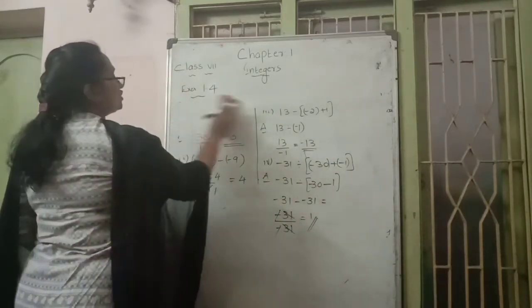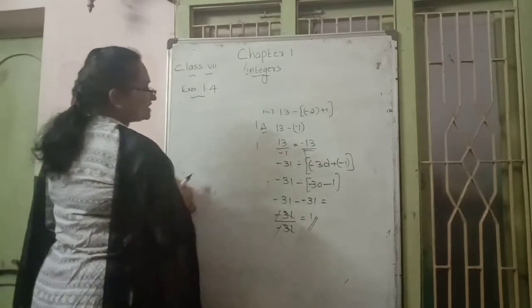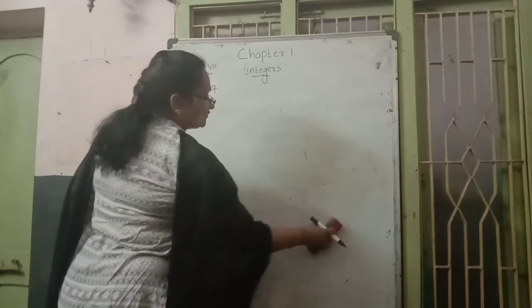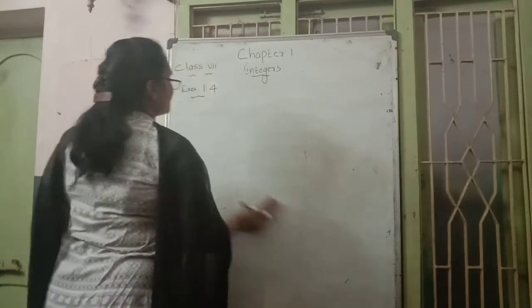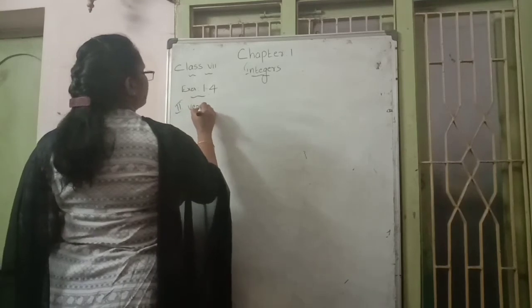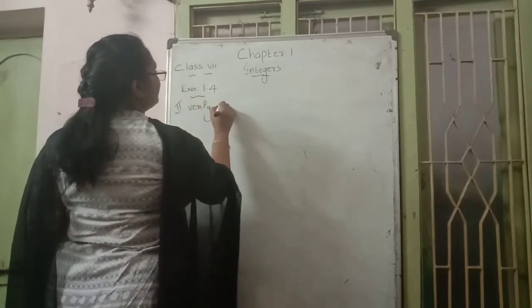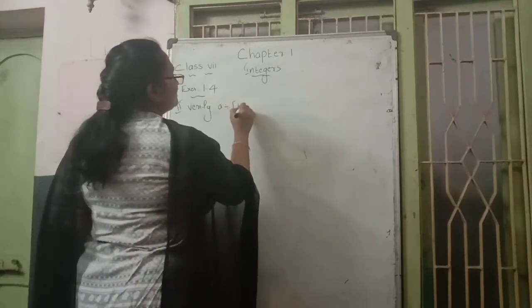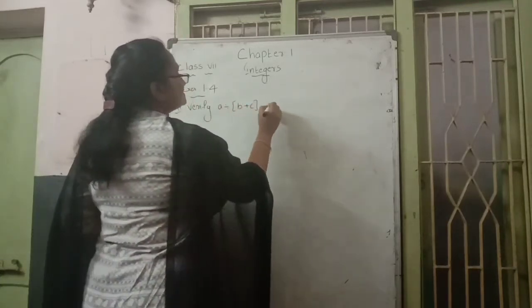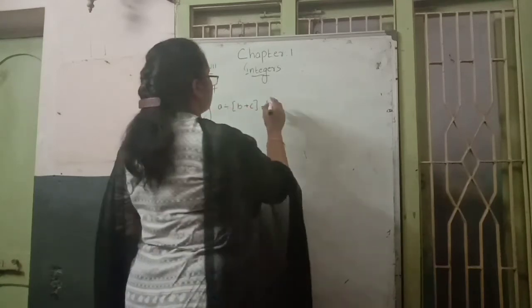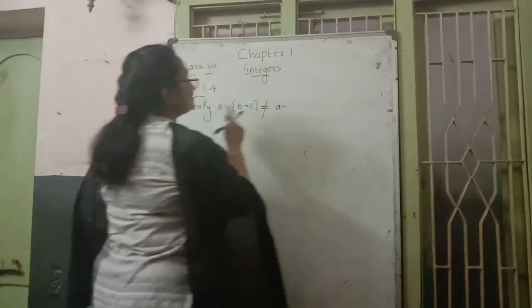Then next we go to Roman two. In Roman two, they tell us to verify. Verify the expression: A divided by the bracket of B plus C is not equal to A divided by B plus A divided by C, applying the distributive property.